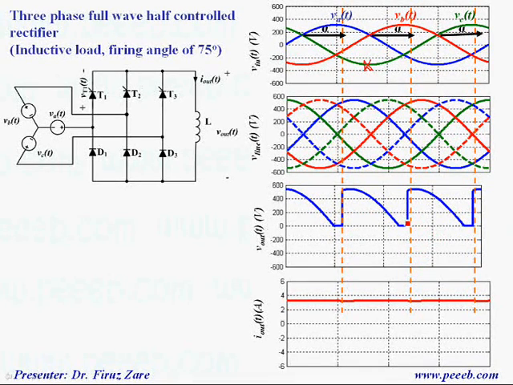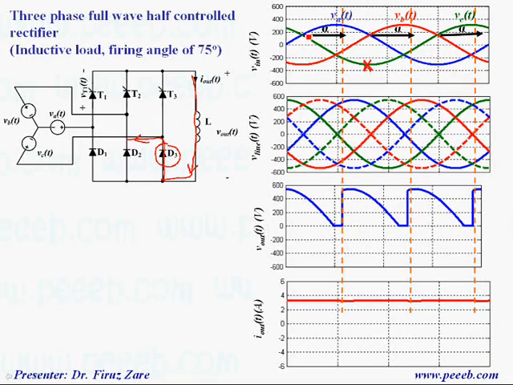Let's concentrate on this interval. For example, phase C is lower than other phases. So in this case, this diode conducts. Because load current is continuous, we have load current through this system.